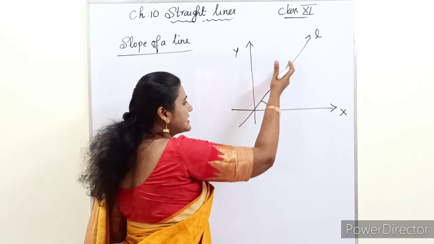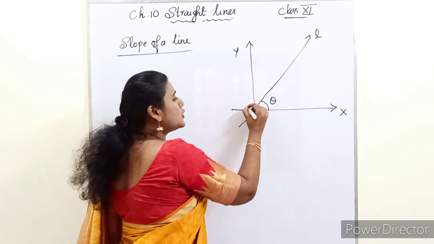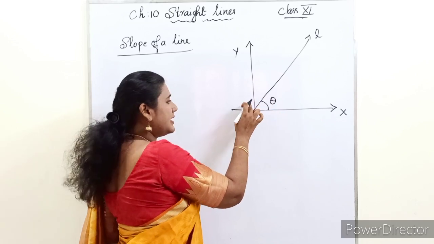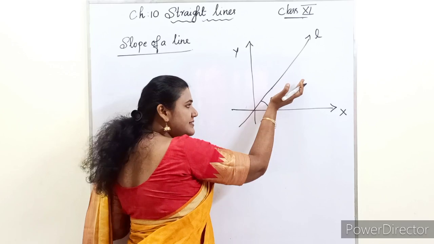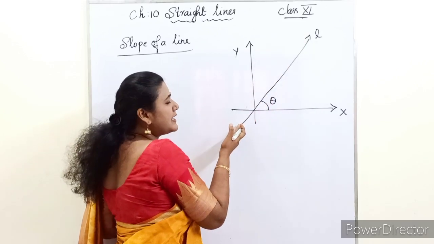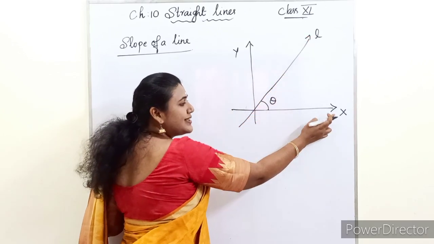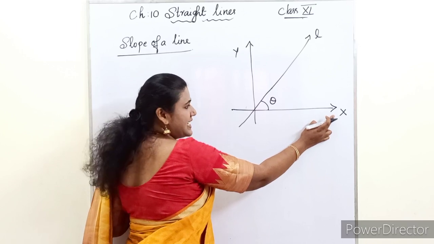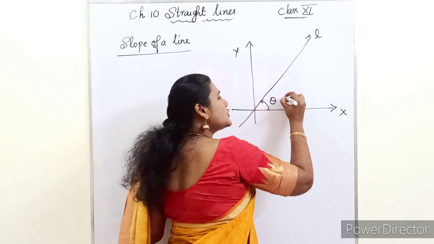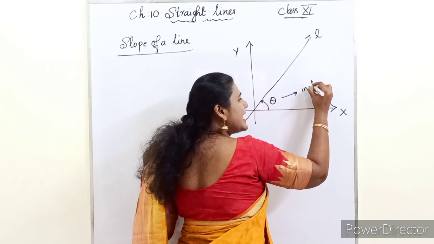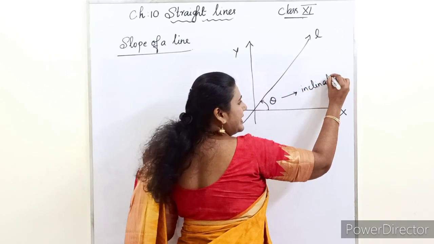So here if we extend this line, we are getting two angles. One is an acute angle and another one is obtuse angle. So this angle, the angle made by the line with the positive direction of x-axis measured in the anti-clockwise direction. So this angle is known as inclination of a line.